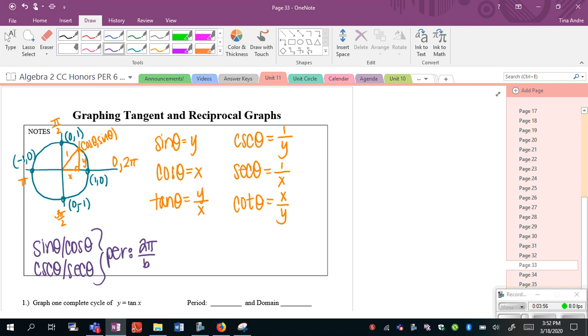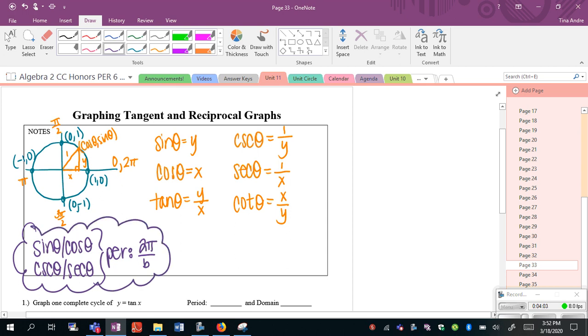The difference for the other functions, tangent and cotangent, is that their values start to repeat after pi radians. So the period is pi divided by b.